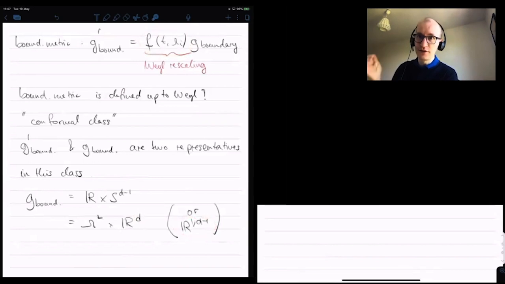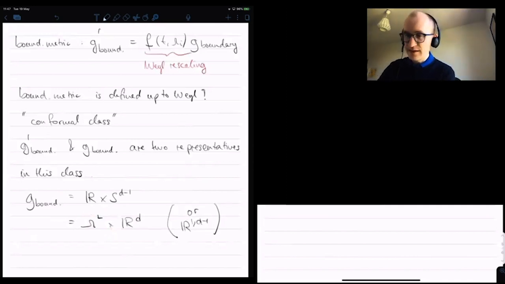And this is just one other example of a way of thinking about the boundary of ADS, but it's one example that is extremely popular. So both of these examples, r times S^(d-1) and R^(1,d-1), are very popular, and there is a particular conformal rescaling or Weyl rescaling between them, which we will get back to. I don't want to go into now precisely what that function is, but we will go into it in the not too distant future.